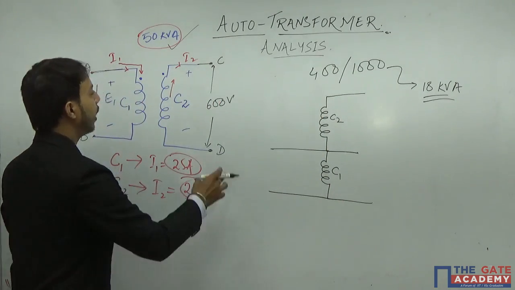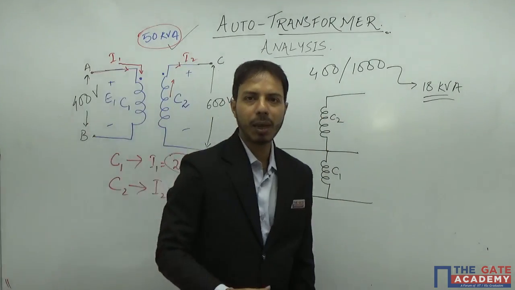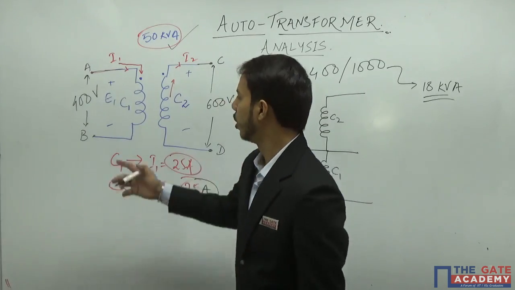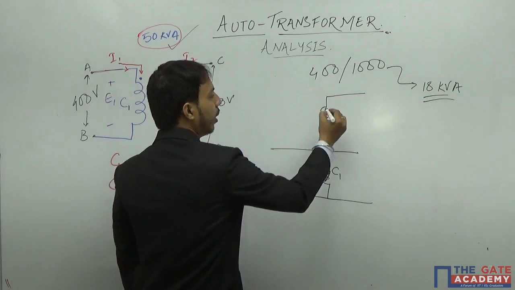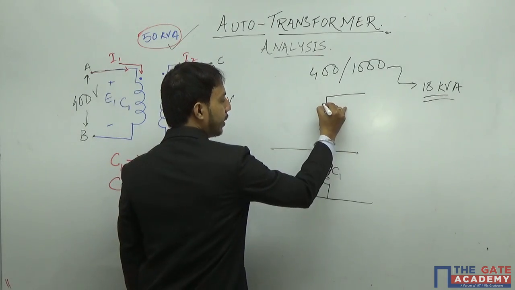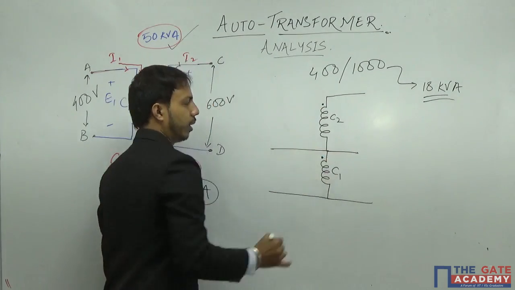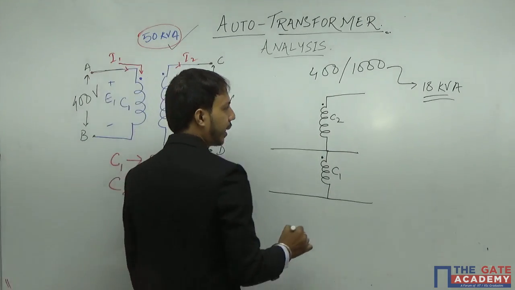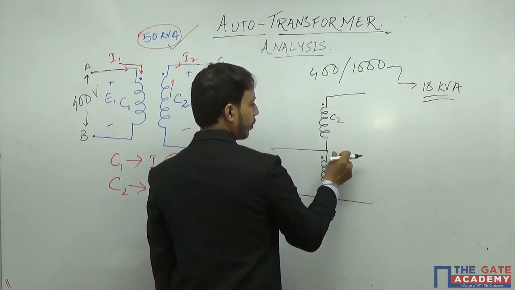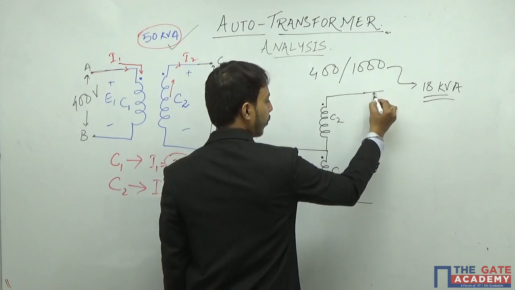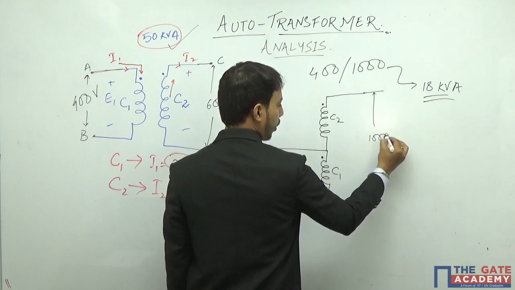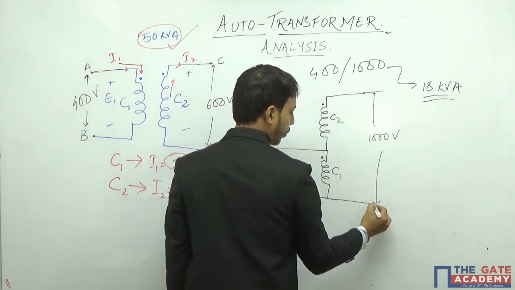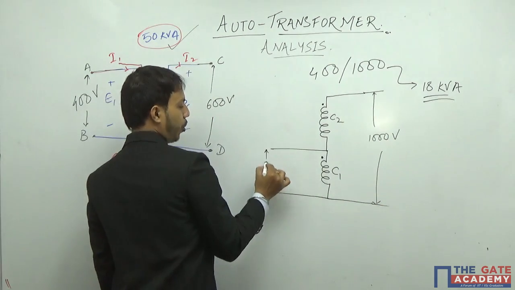And in the secondary, I am having 1000. 1000 means 400 plus 600. That means it should be additive polarity, so the polarity of the dot markings I can give in this way. So here my output is having 1000 volts and input will be 400 volts.